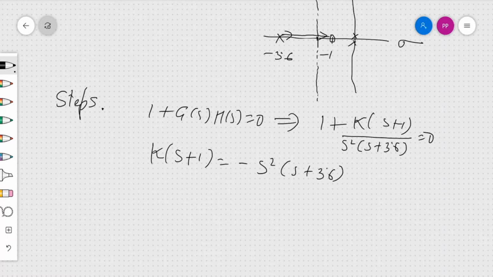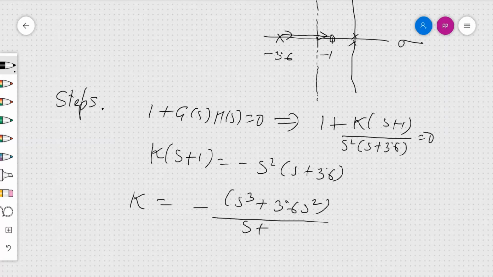This is equal to, K is minus, bring s square inside, so it becomes s cube plus 3.6 s square divided by s plus 1.